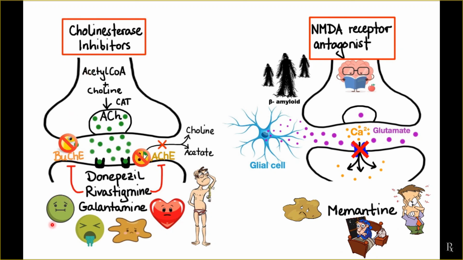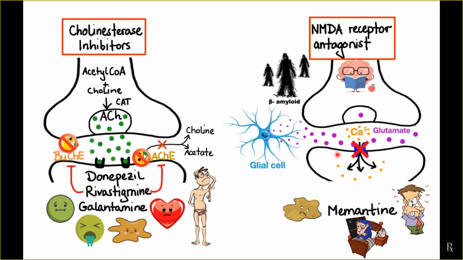So the adverse effects of these drugs include nausea, vomiting, diarrhea, increased heart rate, and also headache. Then our second hypothesis includes the NMDA receptor antagonists. One of them is memantine.